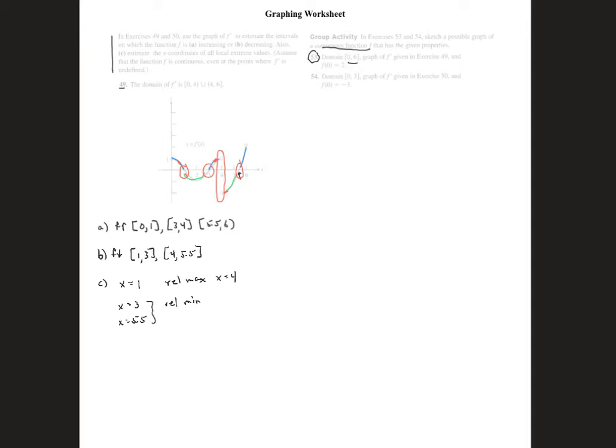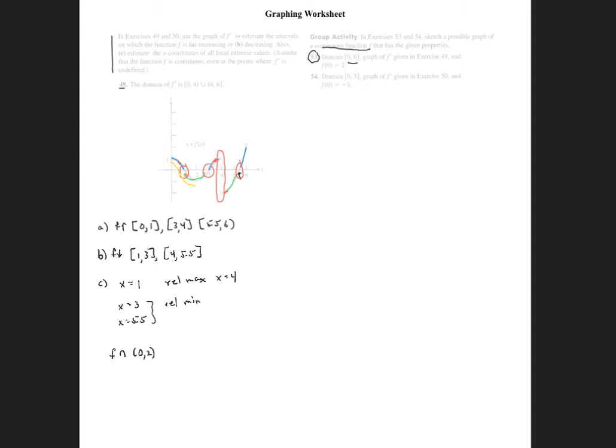Okay, and then what else? Are they asking us concavity? I don't see that question, but let's go ahead and answer it anyway. Where the derivative is decreasing, our function is going to be concave down, and so that's going to be from 0 to 2.